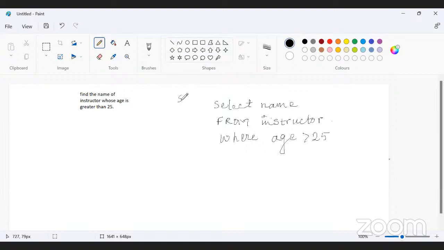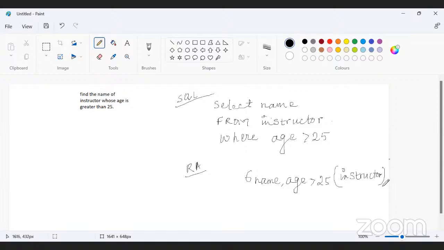Now tell me the relational algebra expression. So sigma name, comma, age greater than 25, and in brackets we will have the instructor relation name, instructor, right?